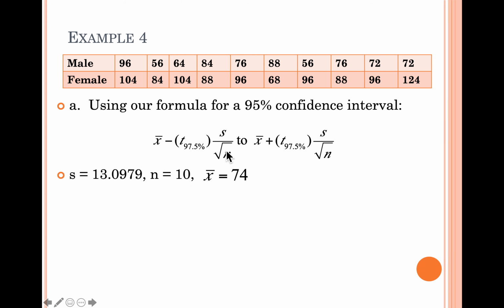But first we have to go to our calculator to figure out what the t-score should be for t 97.5% with a df of 9, the sample size minus 1.